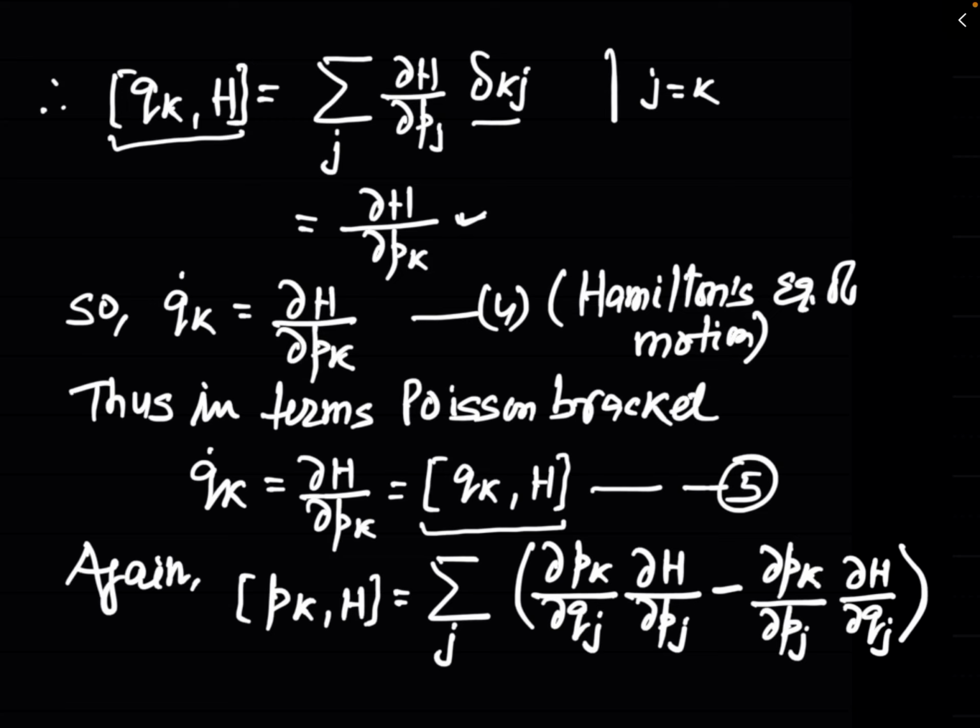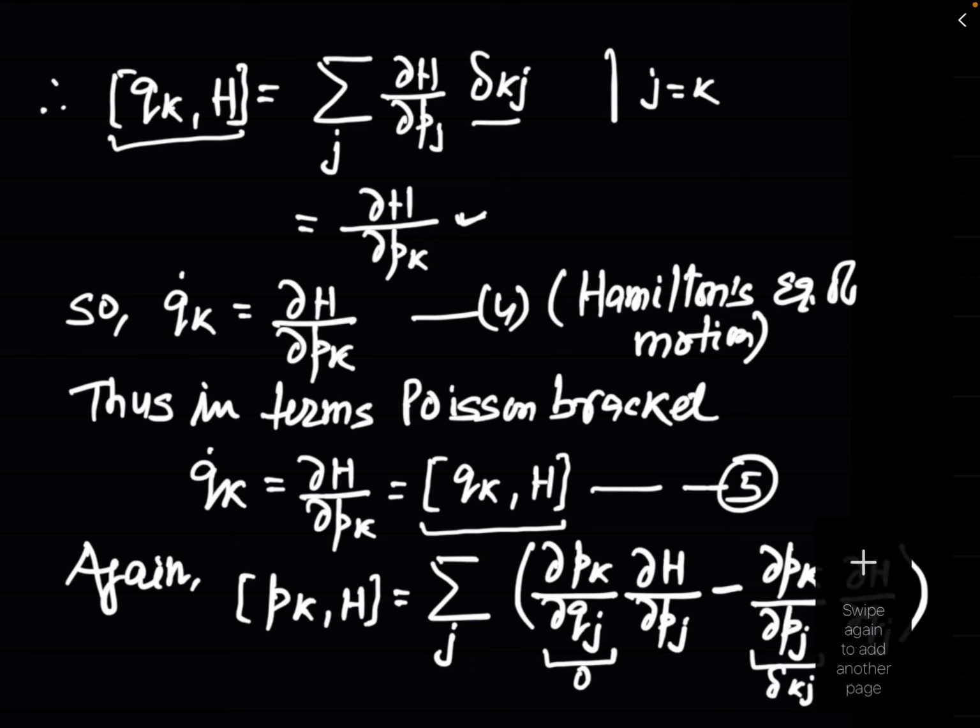Now you can see in this term, del pk by del qj, since pk and qj are independent variables, this will be 0. And del pk by del pj will actually be equal to Kronecker delta kj. So now the first term in RHS of this equation will vanish, and only the second term remains non-zero.